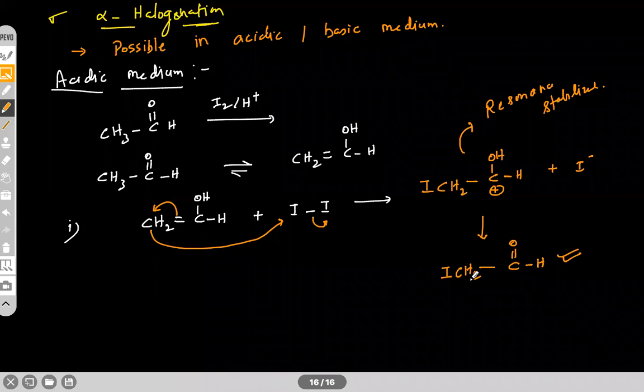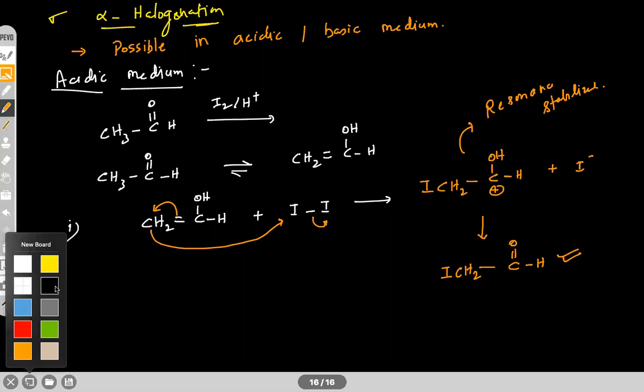But you can think of the further reaction of acid with this. Suppose we have this molecule that we get in the first step, ICH2 C double bond OH.